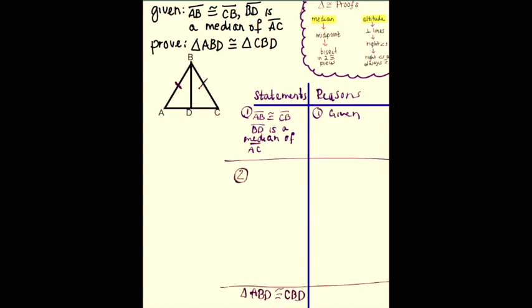So we said when you see the word median, you need to think to yourself, medians create midpoints, and midpoints create congruent pieces. So I can say that D is the midpoint of line segment AC.